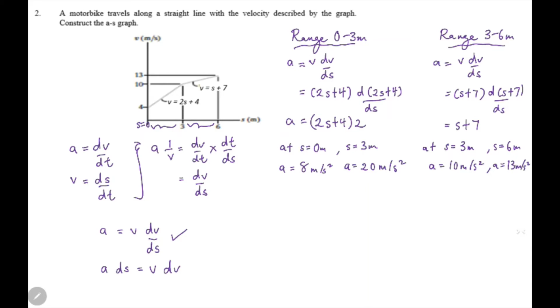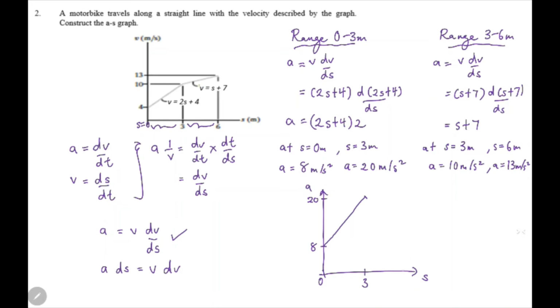So if we were to plot the graph, the acceleration versus the displacement: from 0 to 3 meters, we have a at 8, and then it goes up to a maximum of 20, and it's a linear graph. So we have a line that goes from 8 to 20 like this.